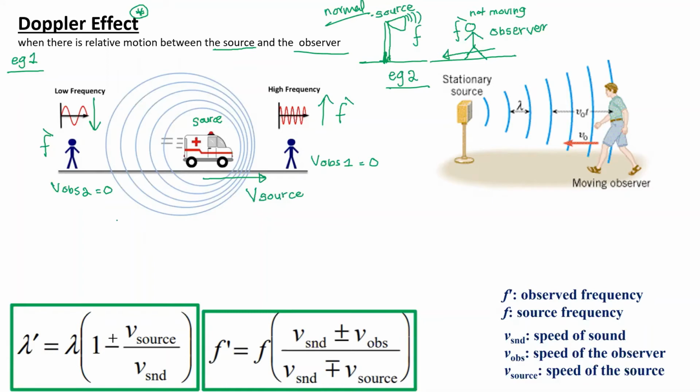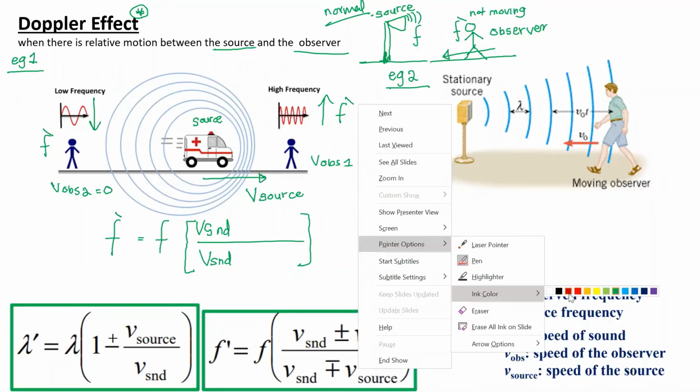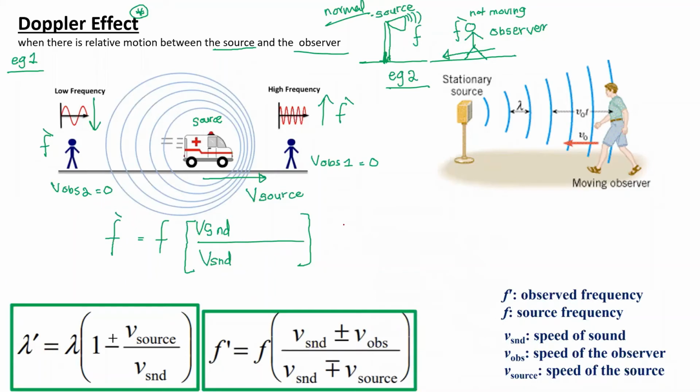So I'm going to take this equation. I said frequency changes, right? And this is how it changes. There's an equation for that. V sound. Okay. So I'm going to complete this equation.